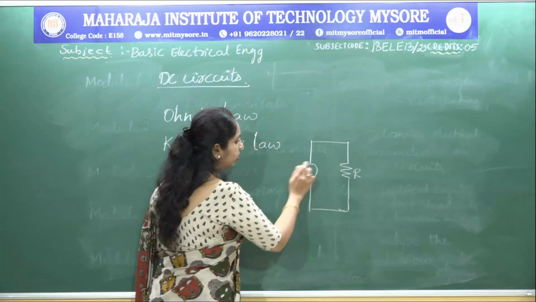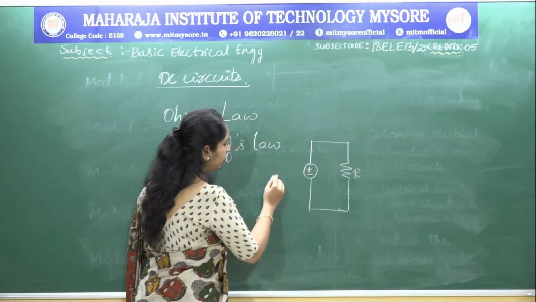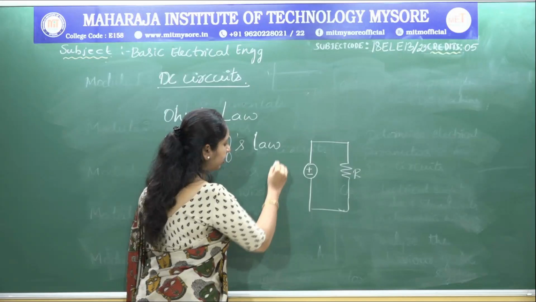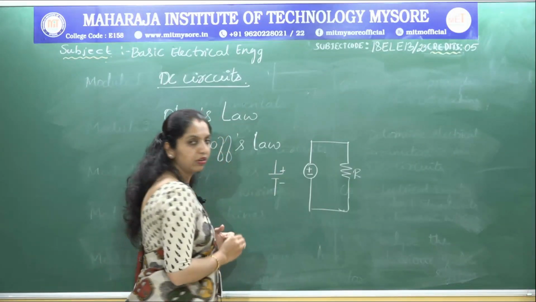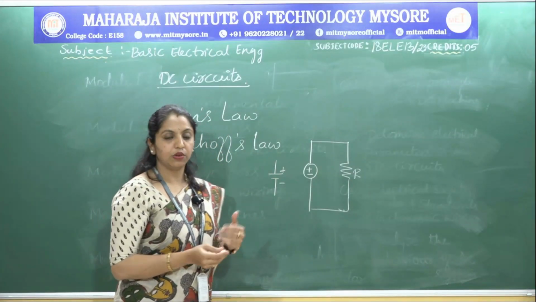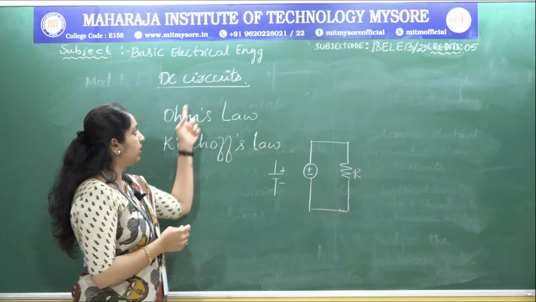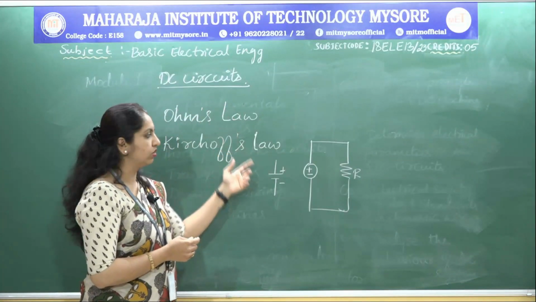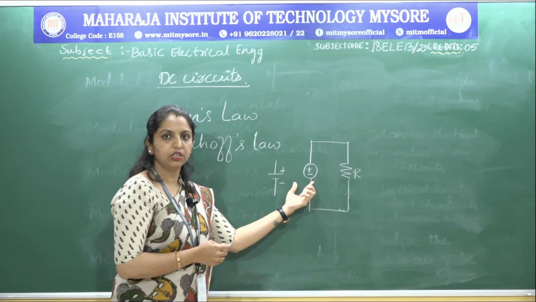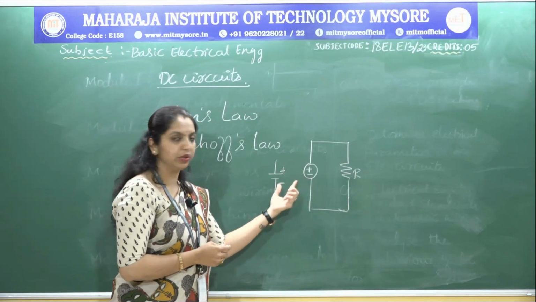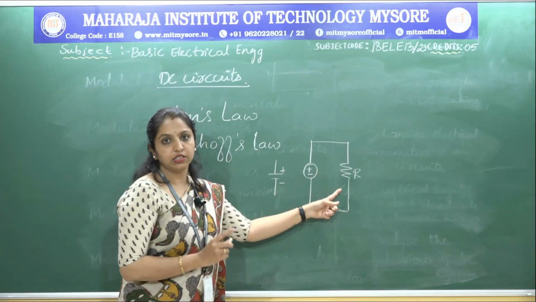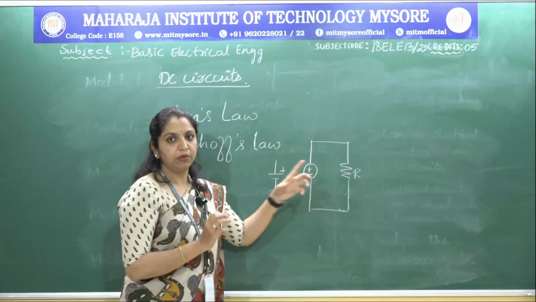The symbol can also be represented in this form. So a DC circuit means the circuit consists of a DC source of energy, which can be represented both ways, and only resistances.